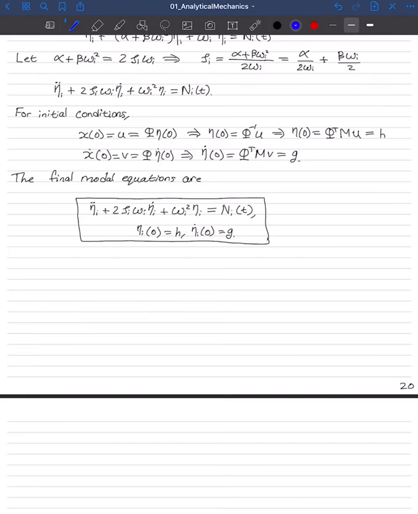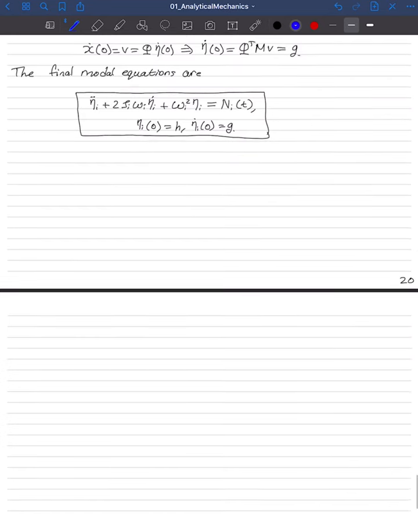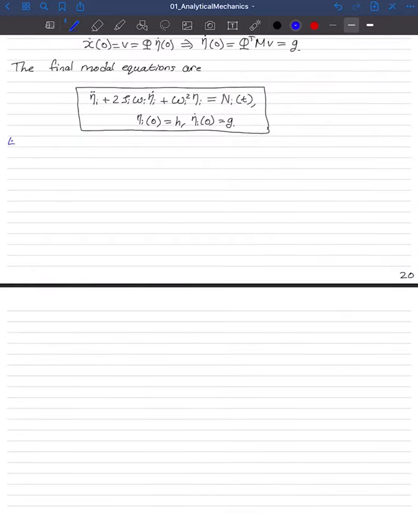Okay, the fourth step is really just to solve these decoupled equations for the modal displacements, and then we just perform modal superposition to form the final solution. So step 4 is to solve the decoupled equations for modal displacements.